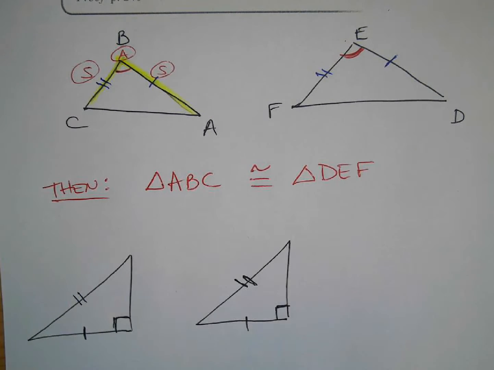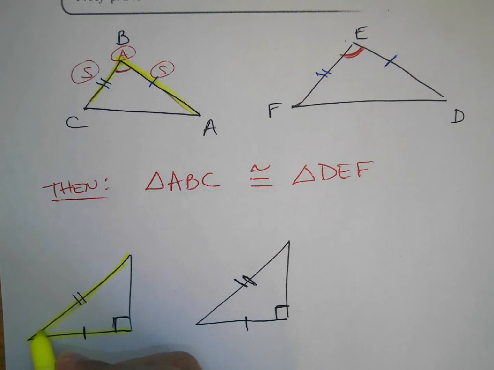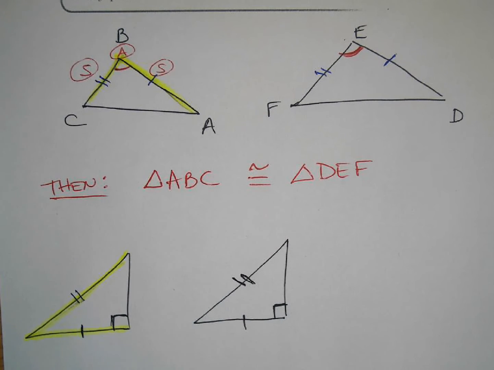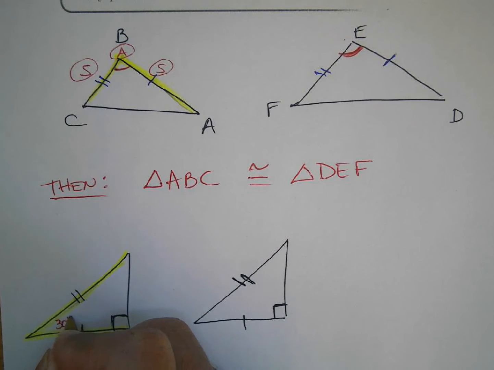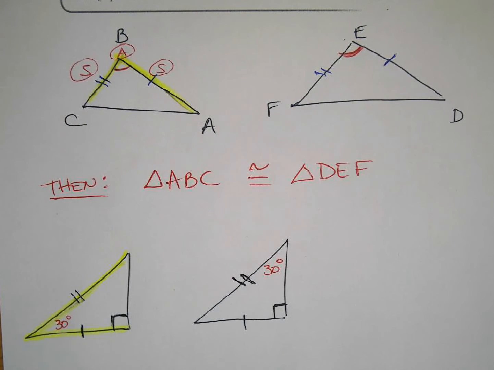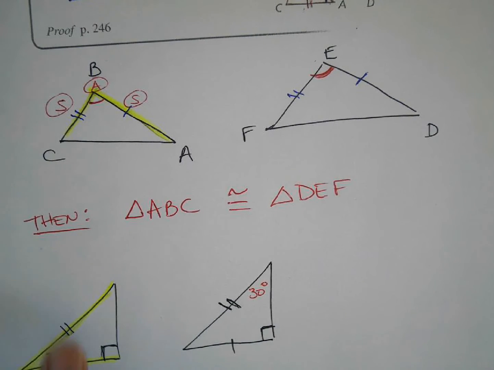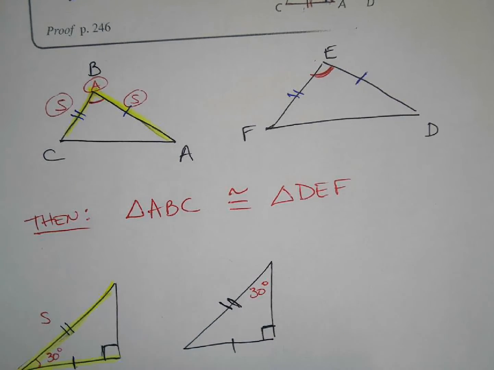Well, let's see. If these are the two sides in question, is it supposed to be the 90-degree angle? No. So let me forget about the 90. Let's say I put a 30 here, and let's say I put a 30 here. See, this one is side angle side, right? This one is saying side. And then you see, if you highlight them, this is the angle, side angle side.